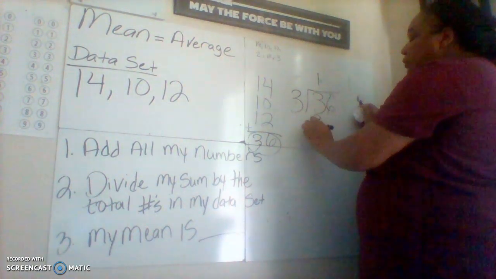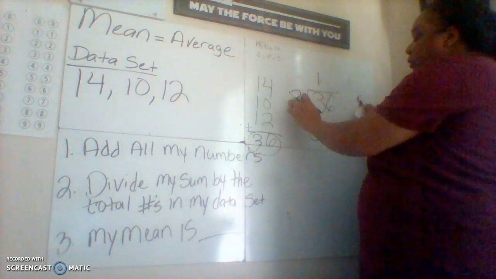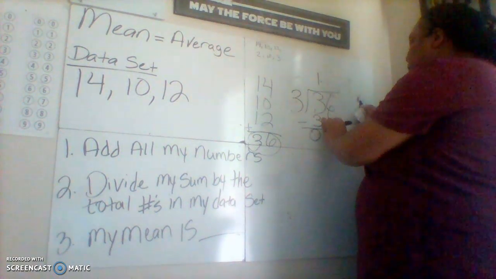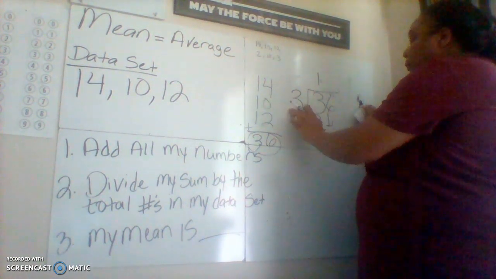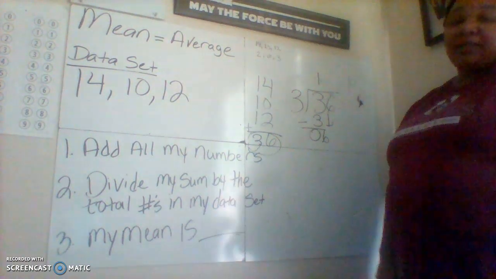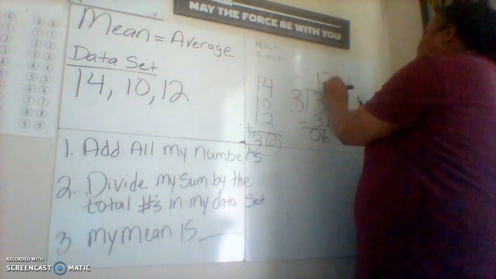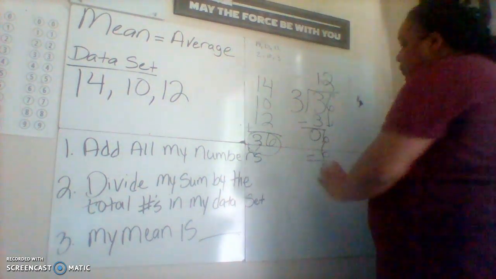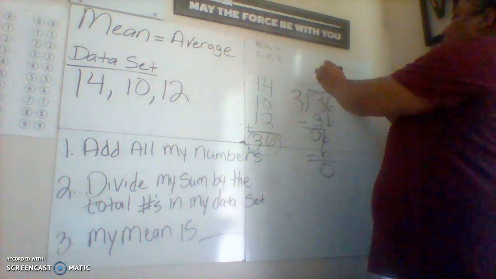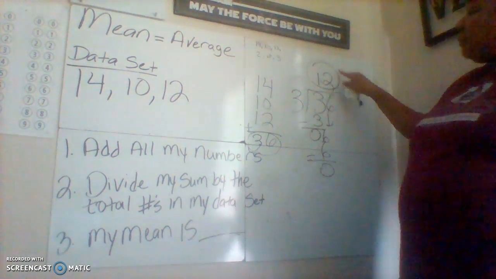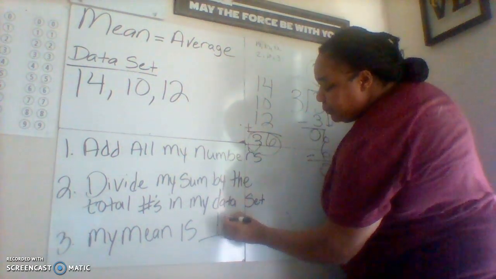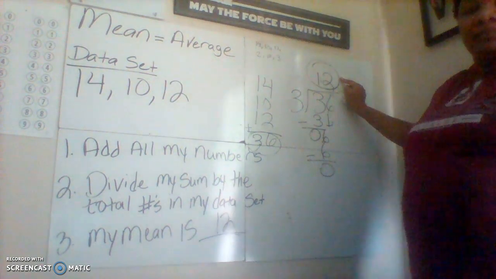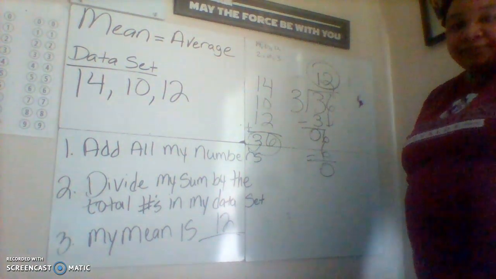Underline, subtract. 0. Can 3 go into 0? Nope. I have to bring the 6 down. Can 3 go into 6? Yes. How many times? 2. 2 times 3 is 6. So, what's my mean? My mean is 12. Is that easy or what?